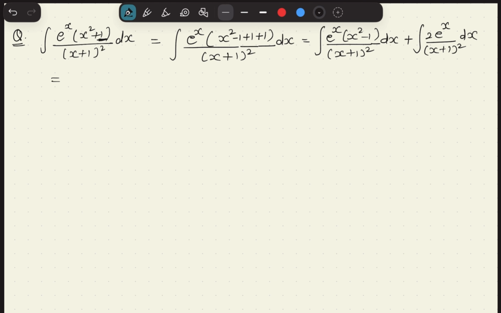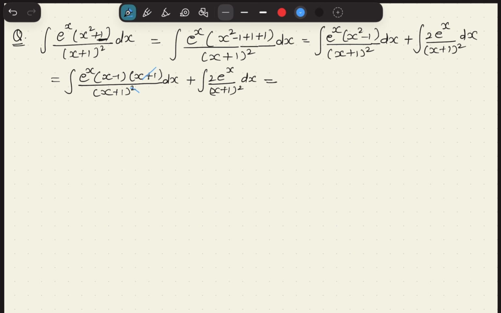Okay, now we simplify this: e to the power x into x minus 1 into x plus 1 upon x plus 1 whole square dx plus 2 e to the power x upon x plus 1 whole square dx. Now this x plus 1 is cancelled out by one x plus 1 from the denominator.